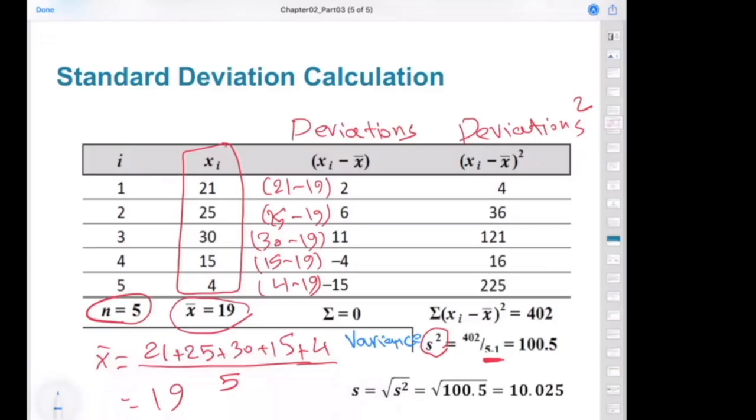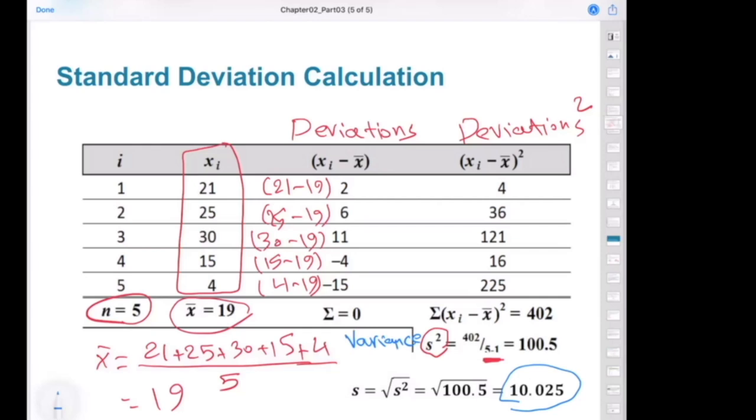So S squared is the variance, as you can see. So the standard deviation is the square root of this number, 100.5. So you have 10.025. So this is the standard deviation of our data.